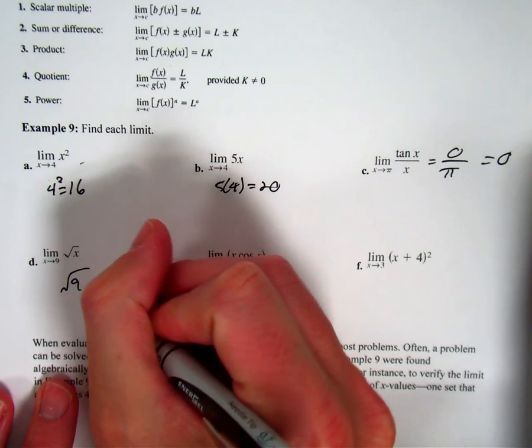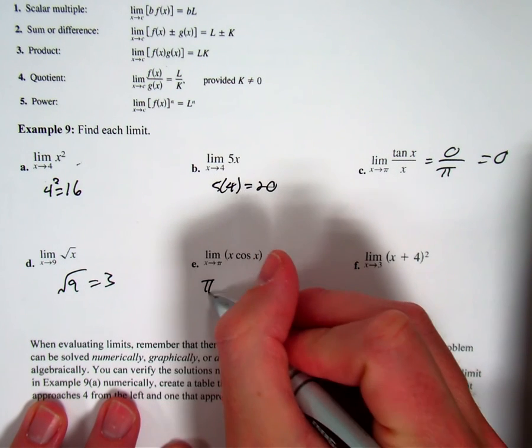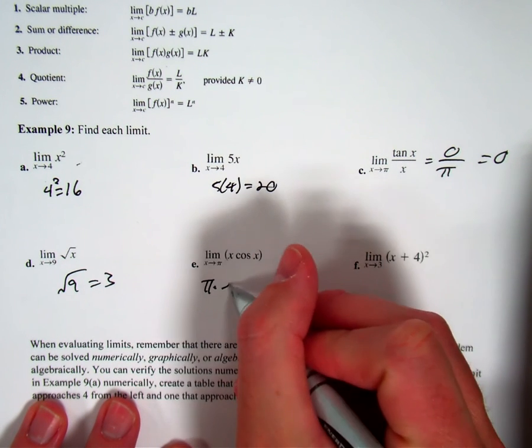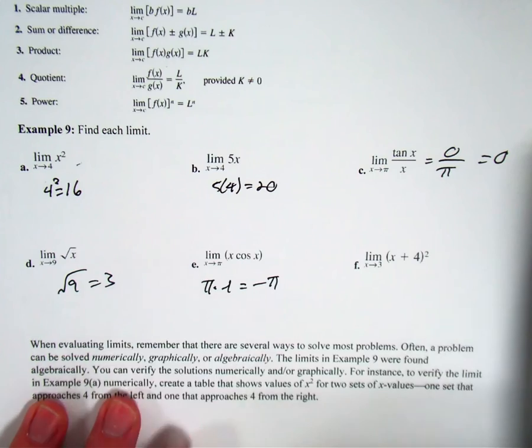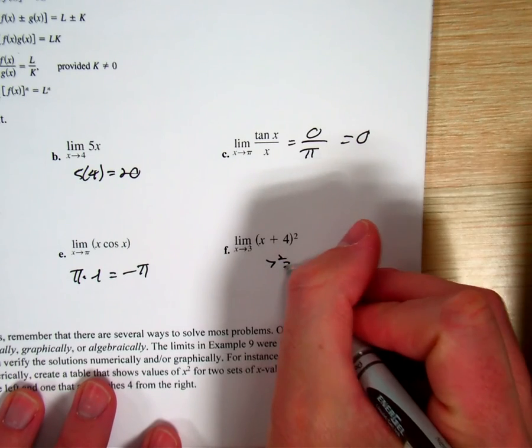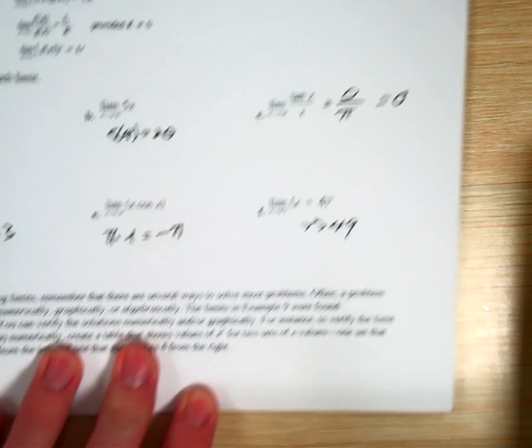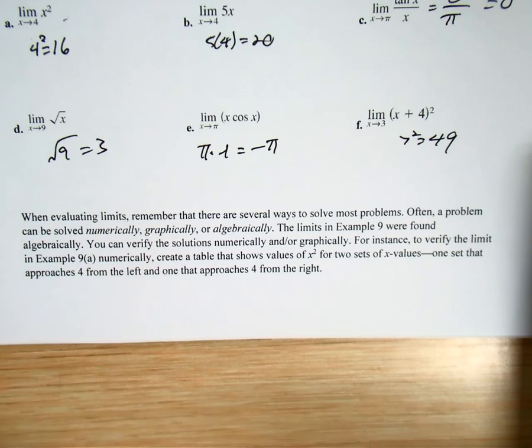Square root of 9, we know that one is 3. Pi times cosine of pi is -1, so we got negative pi. If I put 3 in there, 3 plus 4 is 7 squared, 49. Okay, just practicing substituting these in and getting used to the notation, so no sweat there.